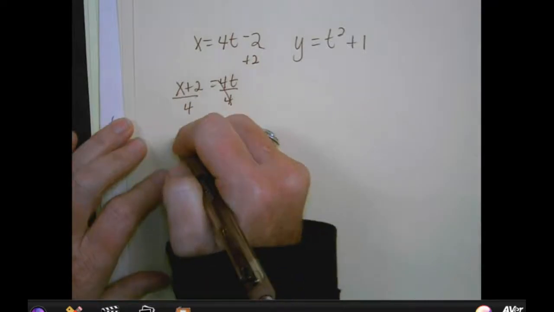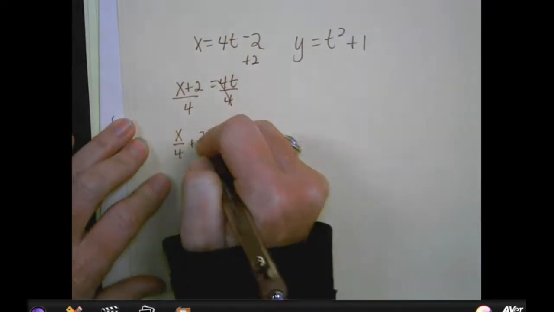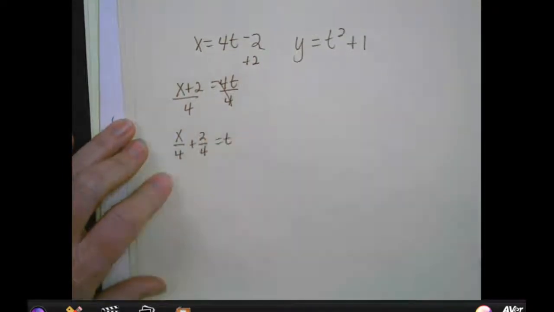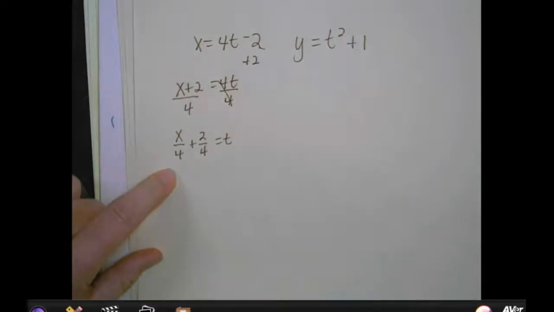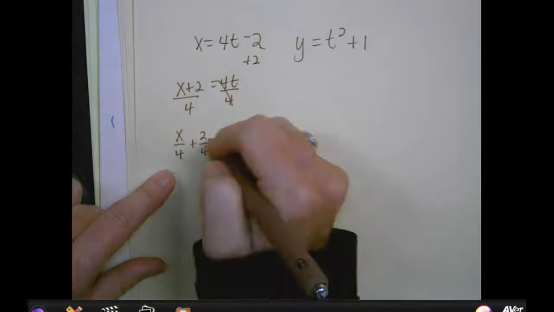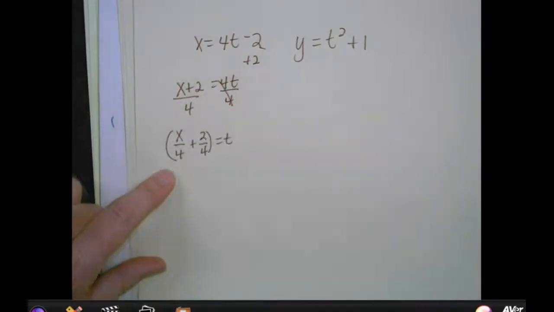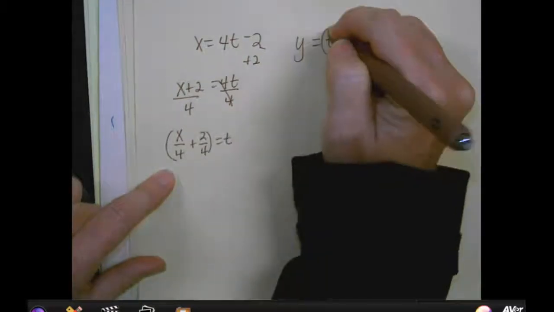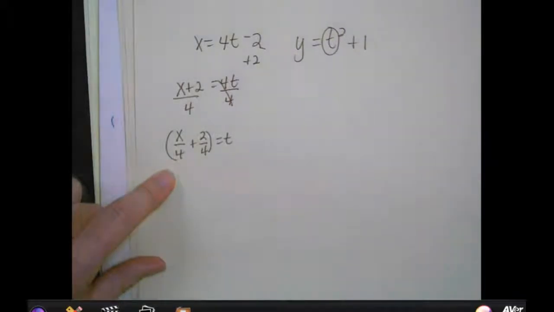So I'm going to write this like x over 4 plus 2 over 4. And don't reduce this yet. You won't want to reduce it until the end in these problems, okay? So now I have the t by itself, so I'm going to put the parentheses around here, and I'm going to substitute that in for t.